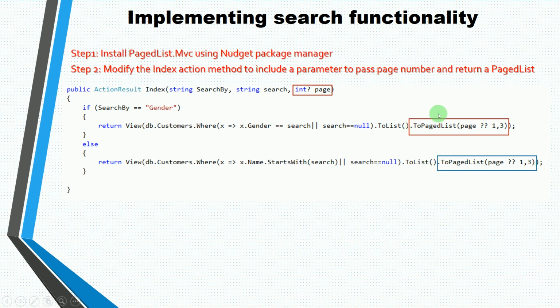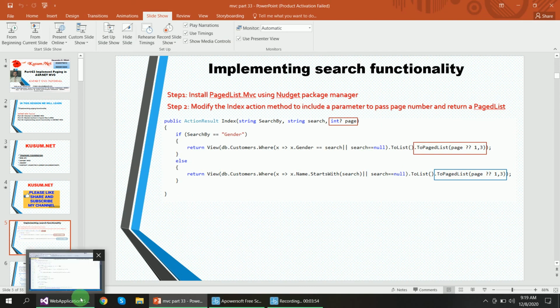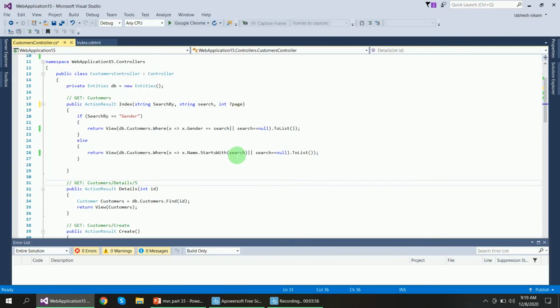If there is no page selected, then it will use the first page number. And the three is the size of the records, meaning every page has three records. If you want five records, then you add five. So this function will be added inside of this index method.